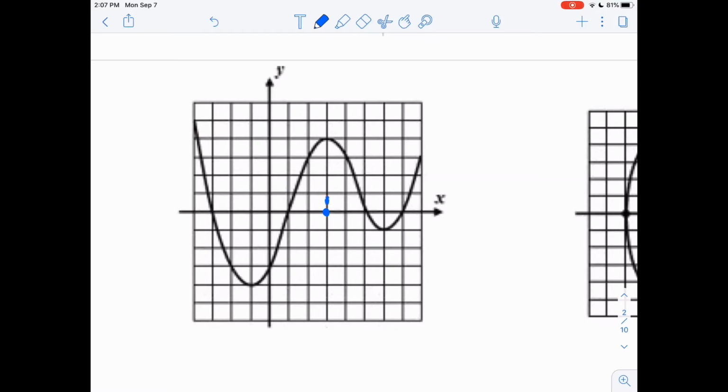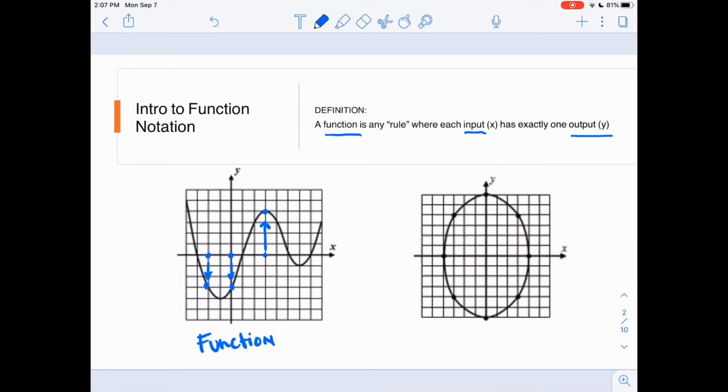I see with this input, I have one output. Let me check a couple more. With this input, I have one output. With this input, I have one output. So this one is a function because each x has exactly one y.